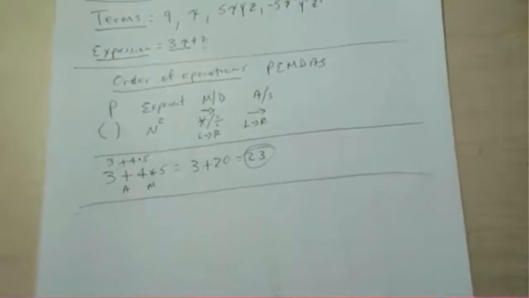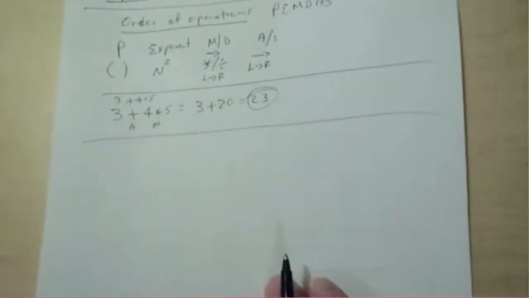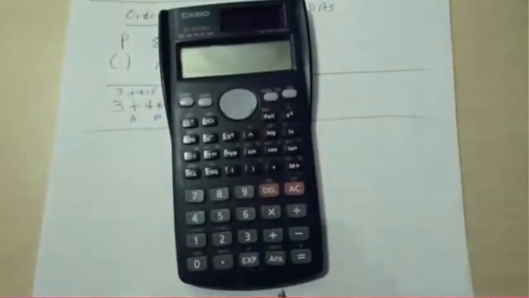Okay, everybody got the idea here? It's very, very simple, but very, very important. If you have a calculator, either one of these or a smaller one like this, this will do order of operations for you. Unless, of course, you have a variable.